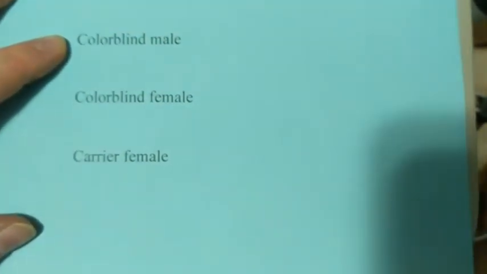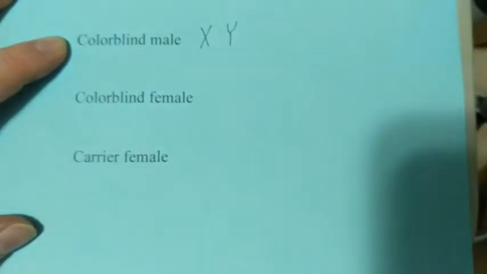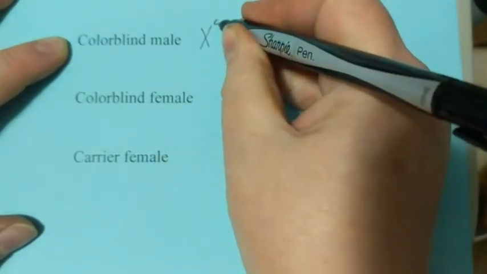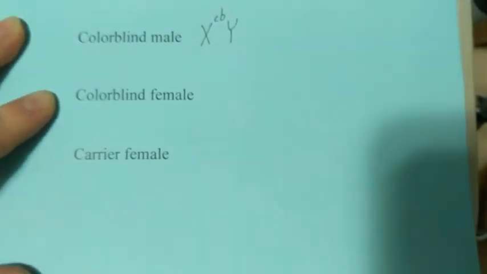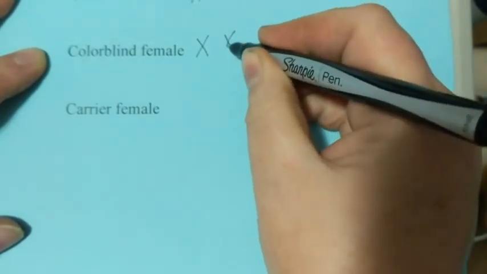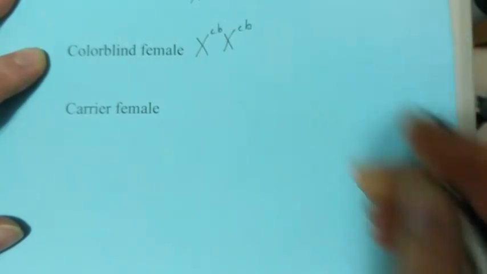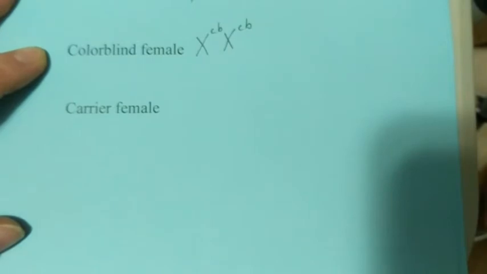Now, a colorblind male. He's a male, so we have to put an X and a Y. And then on the X chromosome, he's going to have the recessive allele because he is colorblind. For a colorblind female, well, she's going to have 2 X's, and to be colorblind, she has to have the recessive genes on both of her X chromosomes.